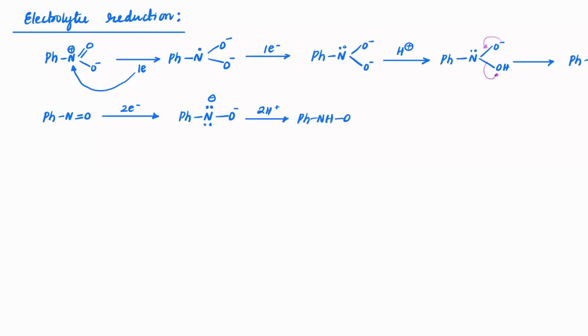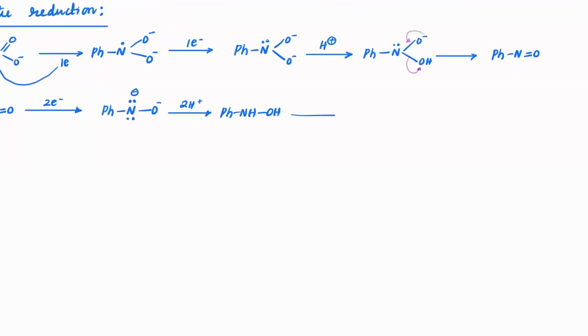That's how we get a hydroxylamine. In hydroxylamine, if I push further H plus, we get PhNH and OH2 plus, and OH2 plus is a good leaving group. If you add another two electrons, water would leave and NH will get a negative charge, plus H2.